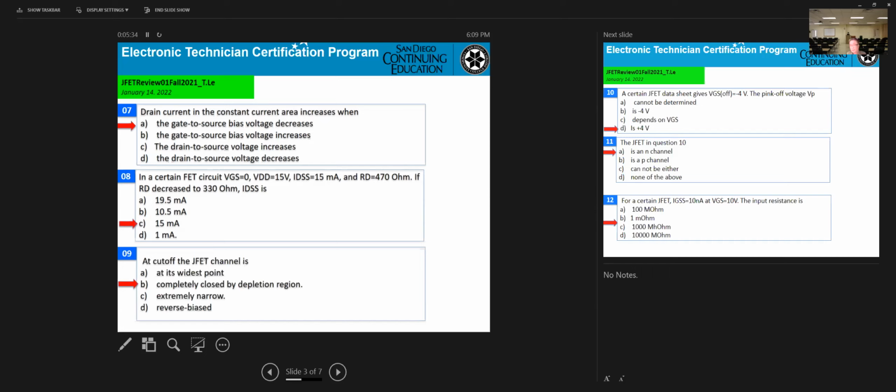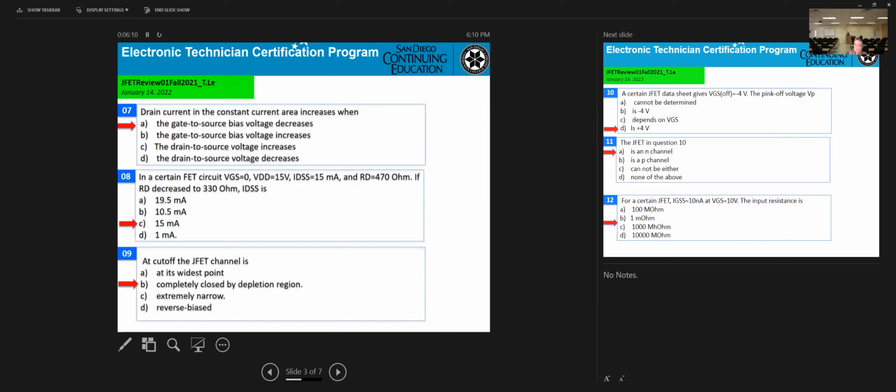You know why you get 15 milliamps without any calculation? ID equals IDSS. That's only telling you RD, you changing it, is not affected.